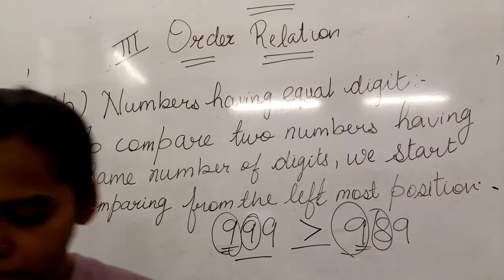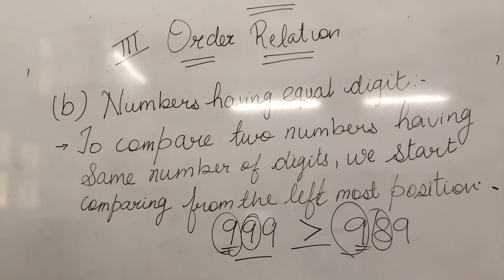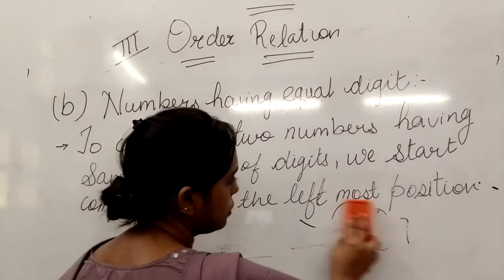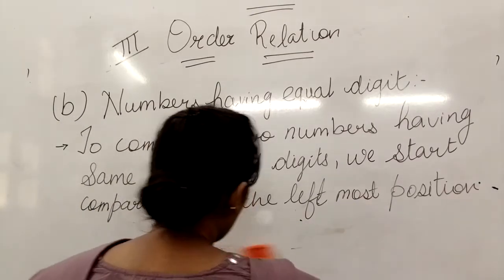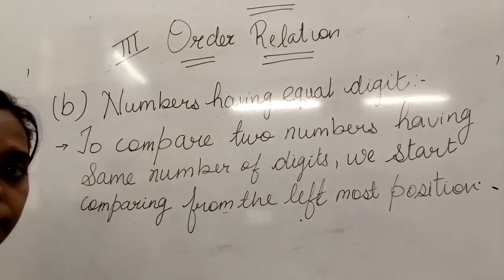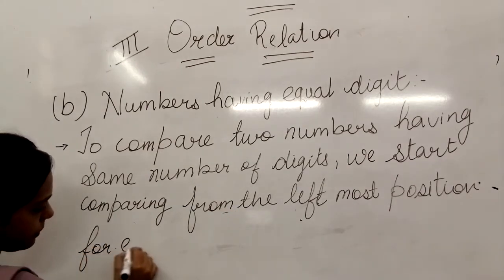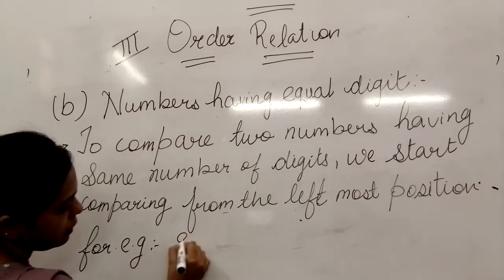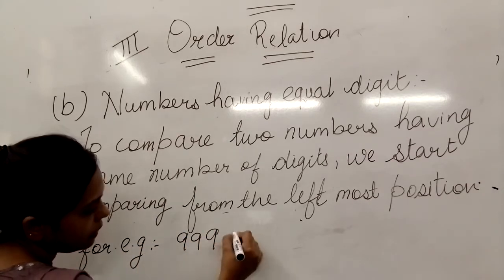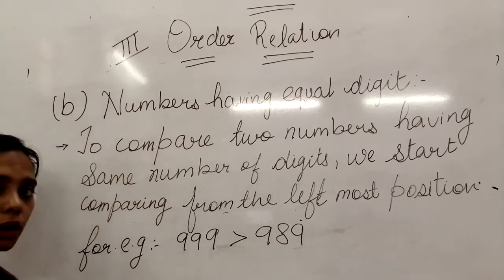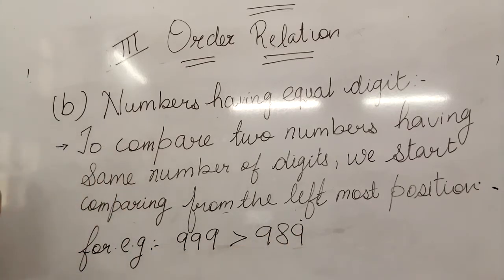Now again we will solve example number 1. Write this so that I can erase this. Yeah, you all will write the example. Don't write like this. Just write, for example, 999. Okay, what have we started? We started from the left.